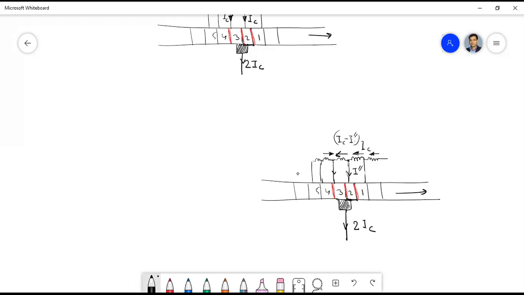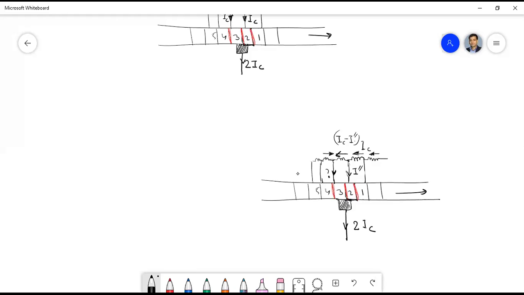What will this current be? Can you tell me?